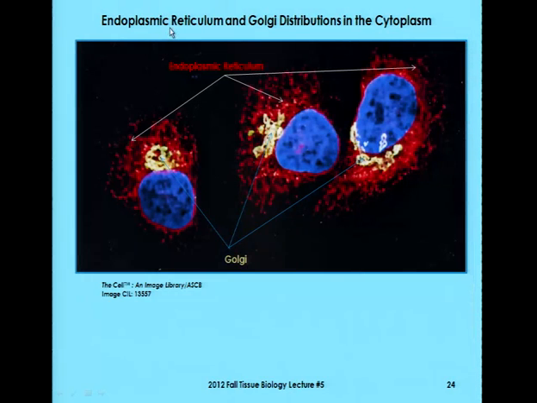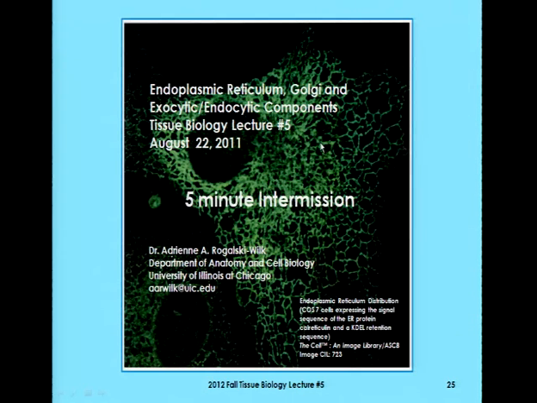Now, the ER has an extensive distribution in the cytoplasm, as opposed to the Golgi, which is concentrated in one particular region of the cytoplasm near the nucleus. So at this point, we're going to take a brief intermission of 5 minutes and then continue on with the discussion of the Golgi.